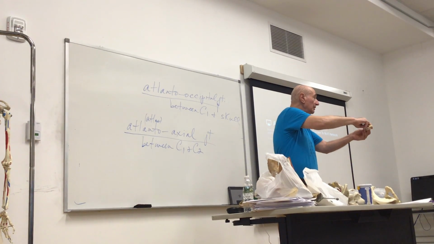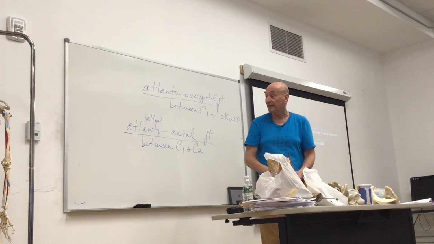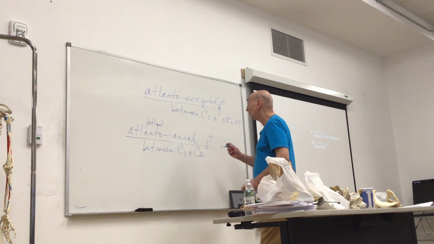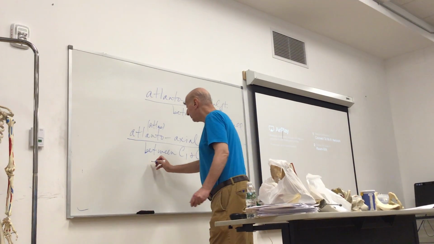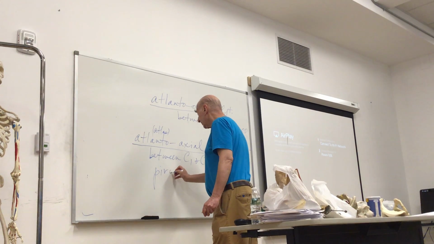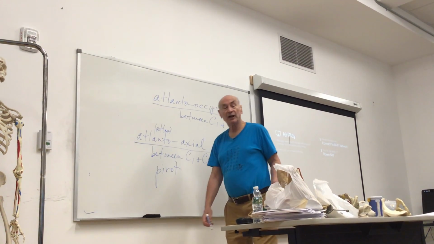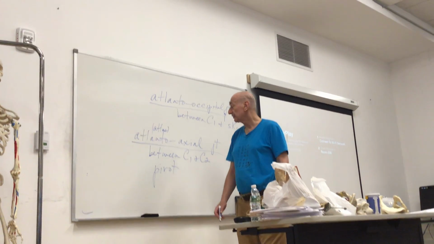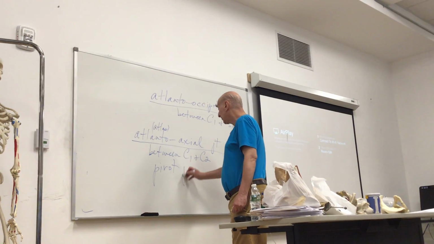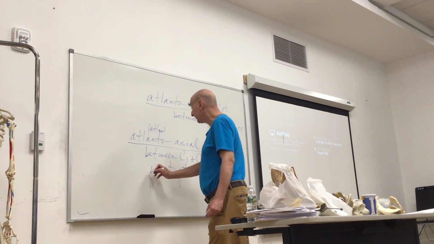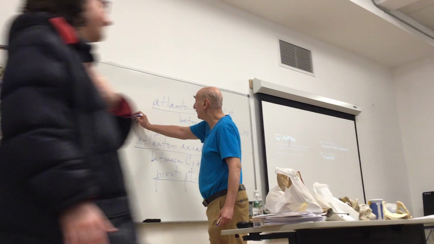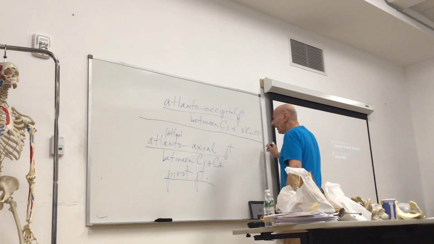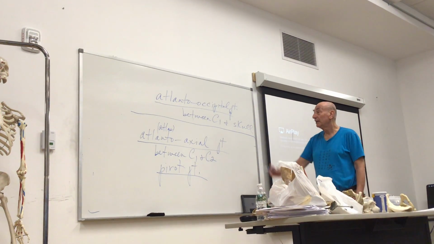Synovial. What type of synovial? Pivot. Yeah, that's the famous pivot. So they say which joint allows for the turning or pivoting movement of the skull or head. It's the atlanto-axial, the famous pivot joint that allows for rotating, pivoting movement.